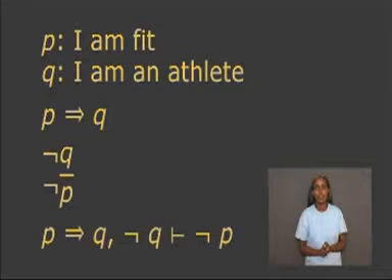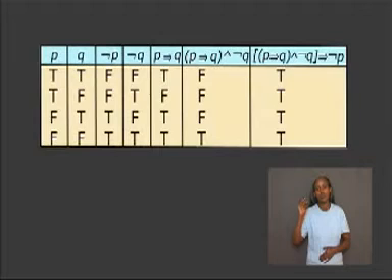It can be considered valid if this implication is always true. It will be a tautology. The truth table looks like this. What does the table tell you, students? Correct. The argument is valid. Well done.